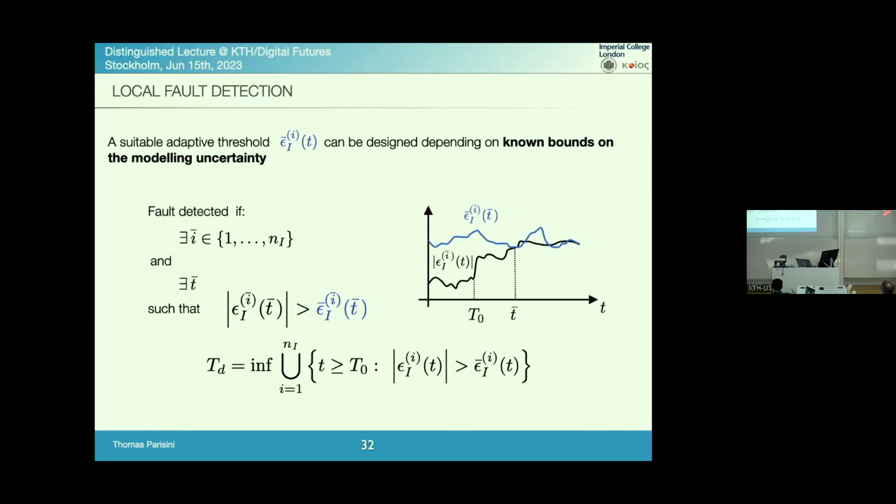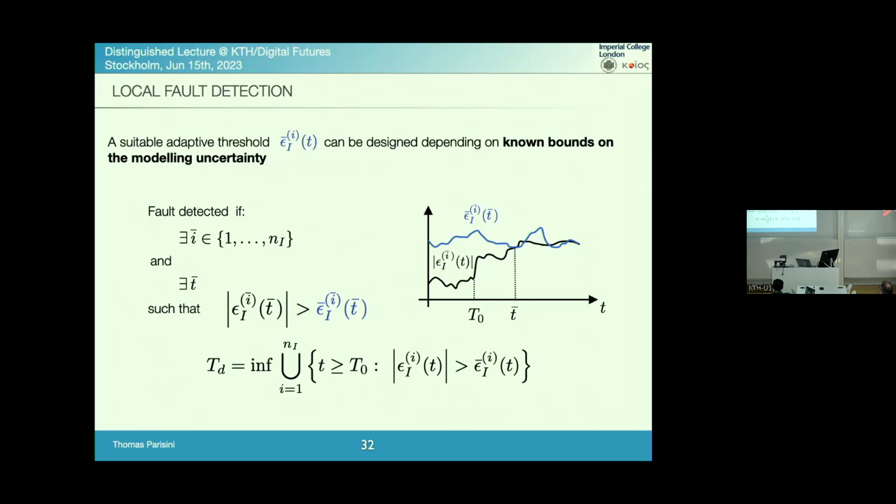What we mean by local fault detection, let me explain how the logic works. Clearly here, since you have uncertainty, you need to have an estimate of the modeling uncertainty, an estimate of a bound on that. Otherwise, how can you decide? So that means the real challenge is when the faults are very small, when the faults are slowly developing.